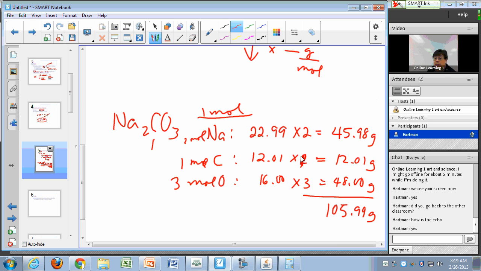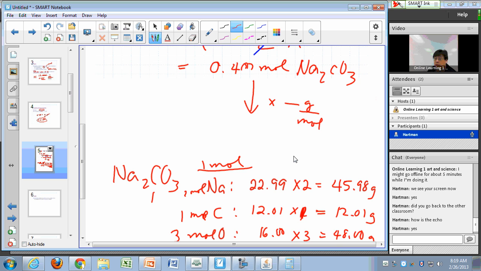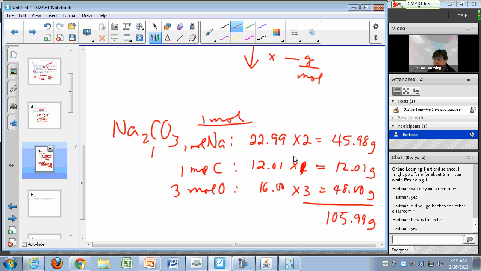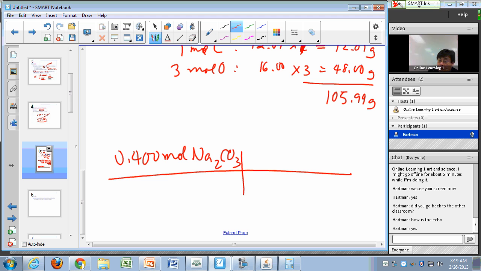Okay? So if you convert moles of sodium carbonate to grams, you say you have 0.400 moles of sodium carbonate. Change that to grams, then you say 1 mole of sodium carbonate weighs 105.99 grams.